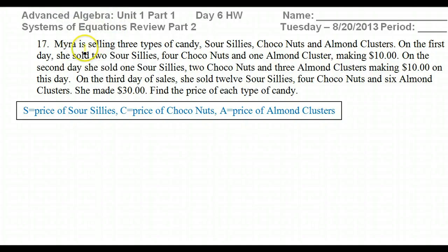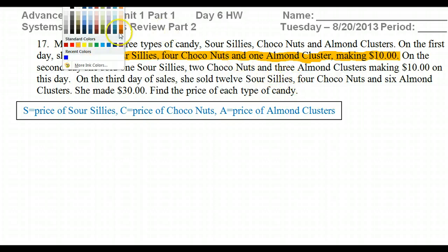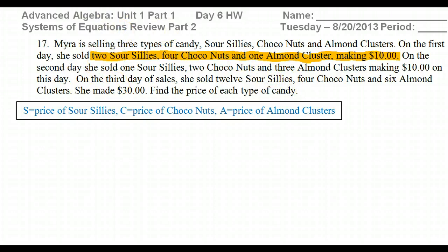Okay, so what do they say? On the first day, she sold 2 sour sillies, 4 choco nuts, and 1 almond cluster, making $10. So that equation would look just like this.